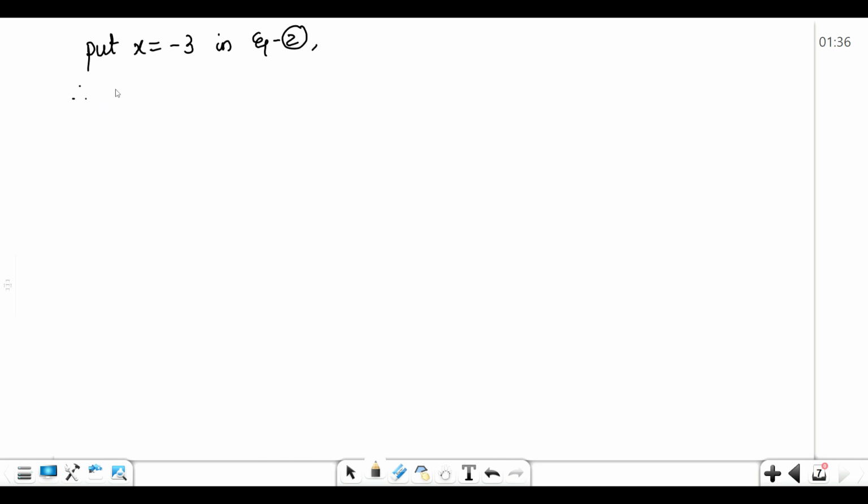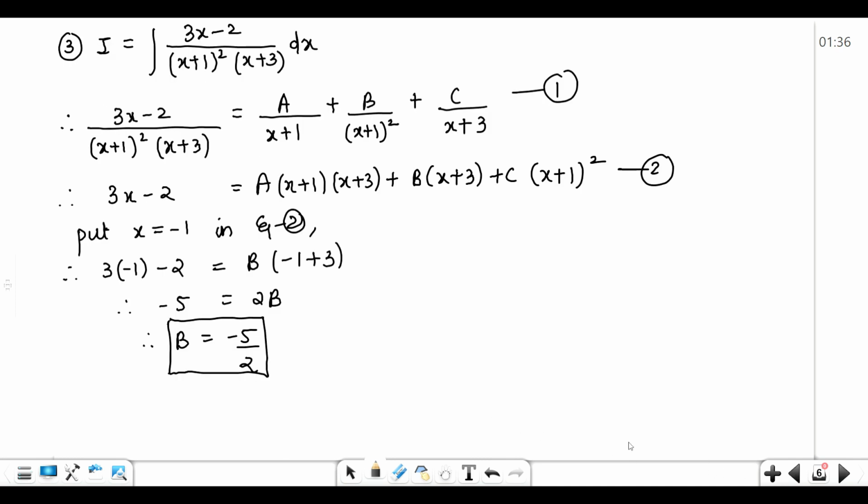So that will give you 3 times minus 3 minus 2 equal to, now if you look here, with the A we have x plus 3, so when we substitute x equal to minus 3, that will become 0. Also with the B part we have x plus 3, so when you substitute x equal to minus 3, this also becomes 0.